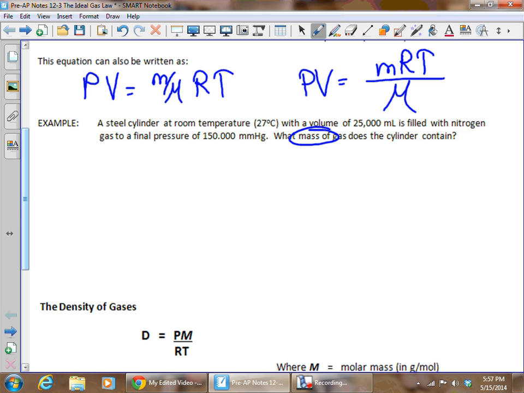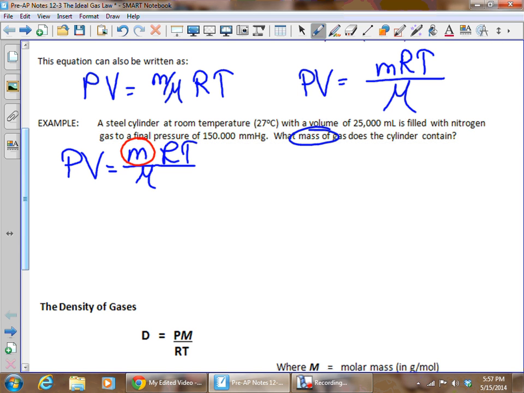So we know we're going to be using the mass over molar mass form of the equation. So let's go ahead and write that out. PV equals mass over molar mass times R times T. It's a little bit easier to solve for. We're looking for mass once again.